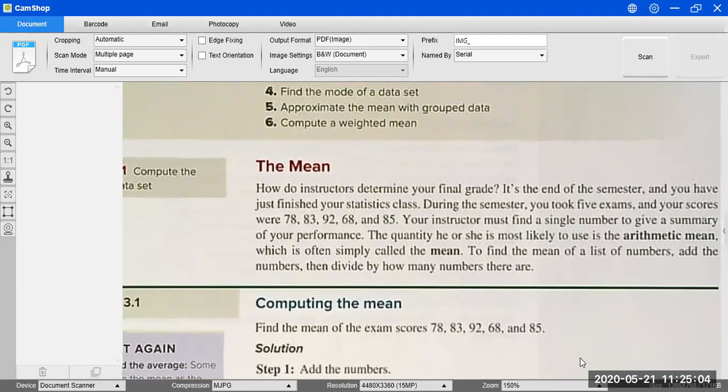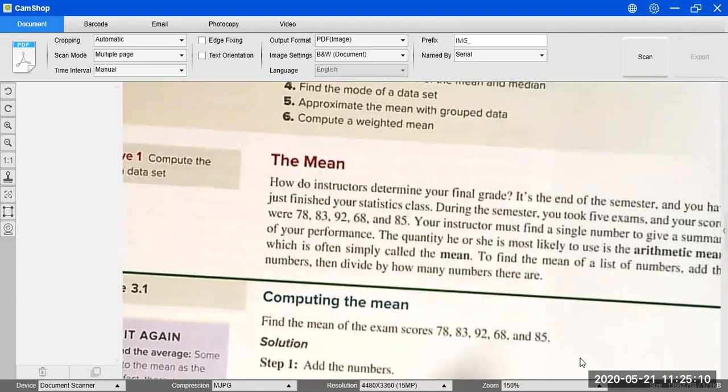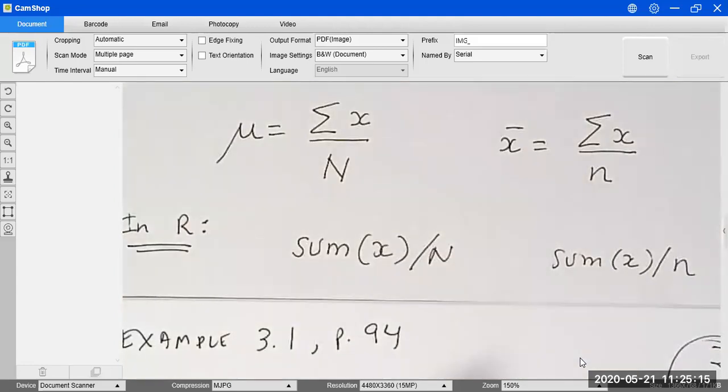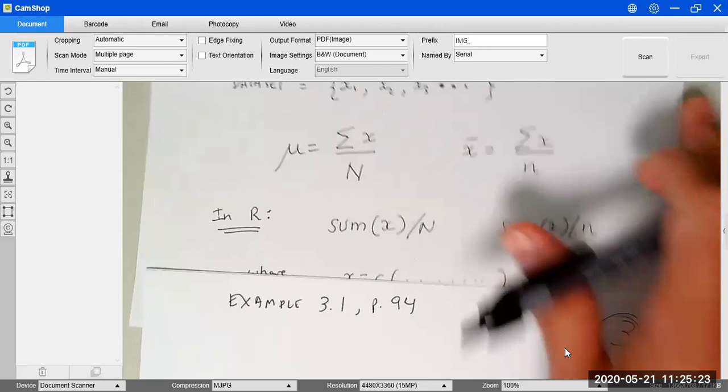So we're going to compute the mean of this collection. They don't say whether this is a population or a sample, so we are not going to use a symbol to indicate that. We're just going to write mean. So we are given these values.